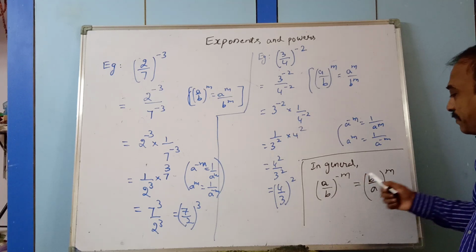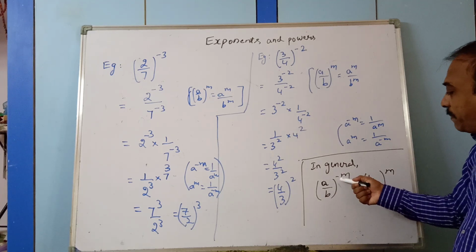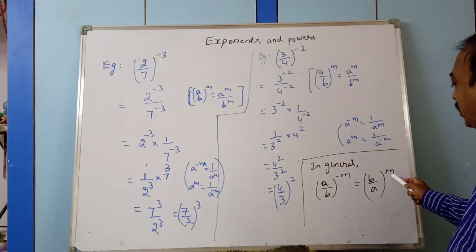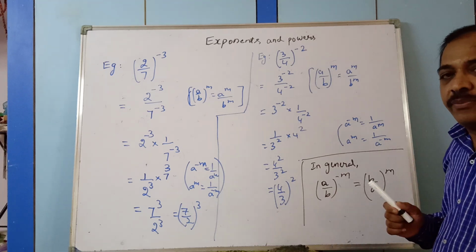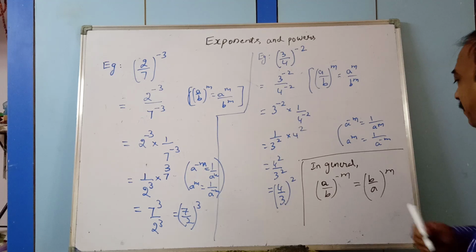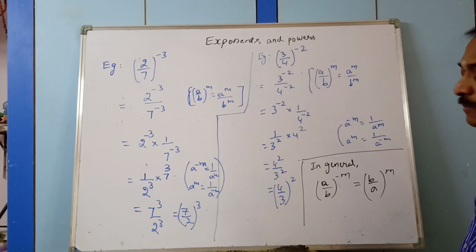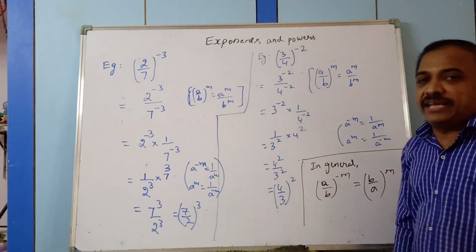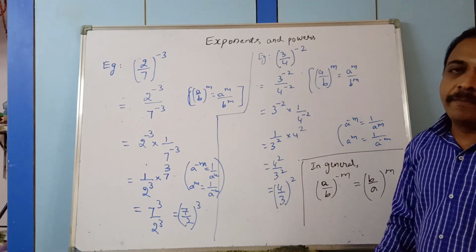The reciprocal of a by b is b by a. The actual power here is minus, but now we are writing the power as positive. This we are going to use in the simplification part.